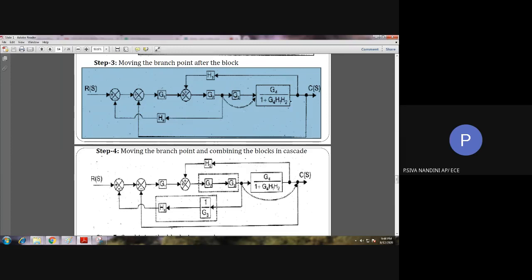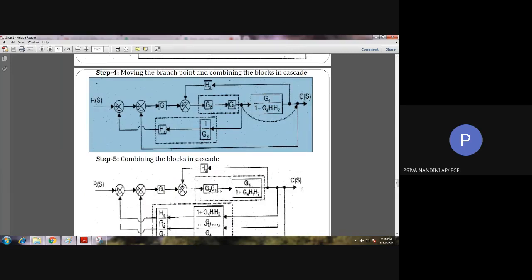After that, you can move this branch point after the combined series block also. You can do it in any manner. It is not mandatory to follow the same procedure for solving the problem. You can use any procedure. It is your wish, but the final answer will be the same. So see here, I have moved this branch point after this block.